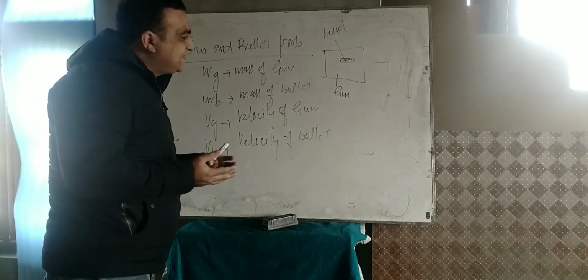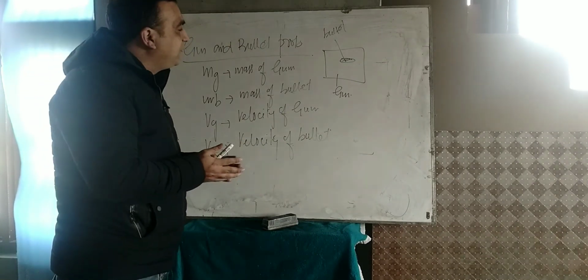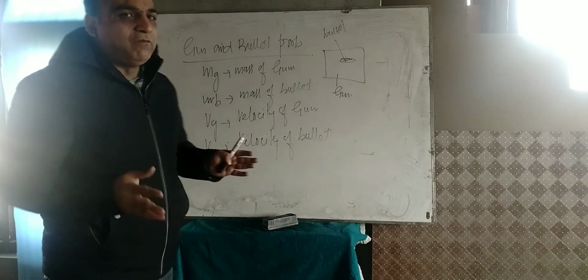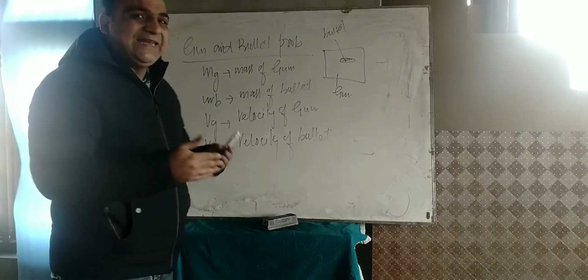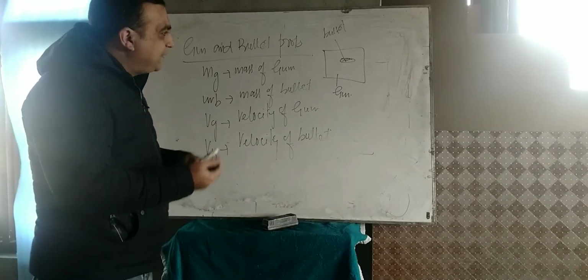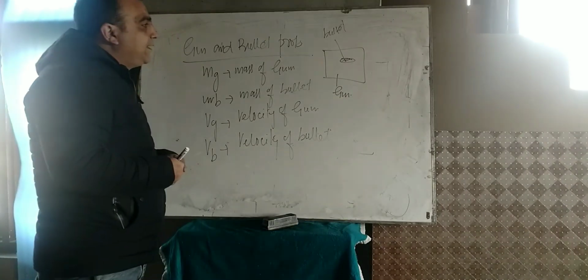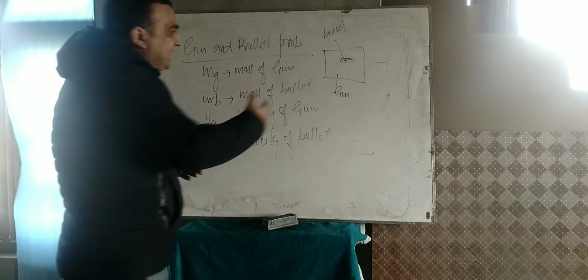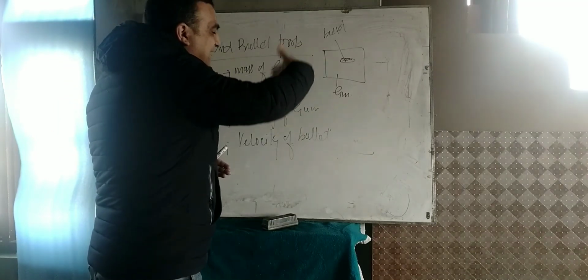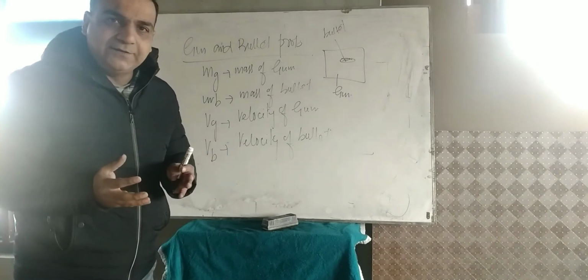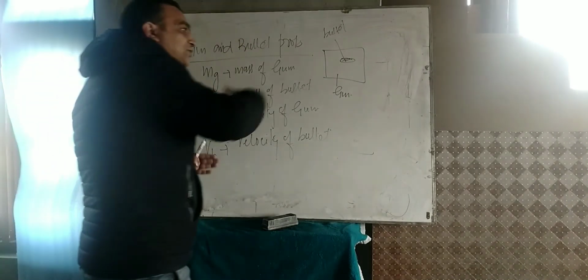Now we have a system composed of a gun and a bullet. There's no external force acting on it, and there is an ignition inside. And what happens? The bullet goes out and we feel some inward momentum. So what is the net force acting on this system before the bullet is shot?